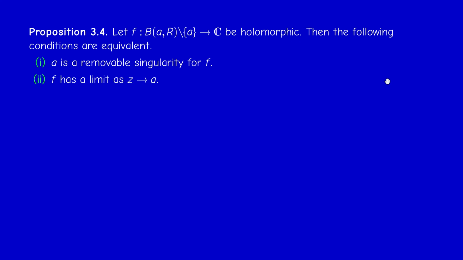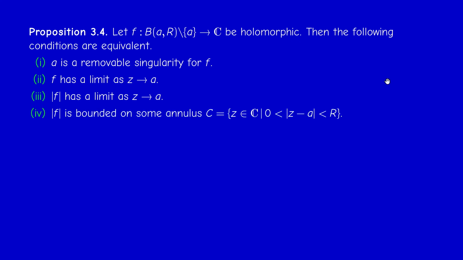We know what it means. Second, f has a limit as z tends to a. Third, modulus of f has a limit as z tends to a. And fourth, modulus of f is bounded on the annulus, actually, or some smaller annulus.